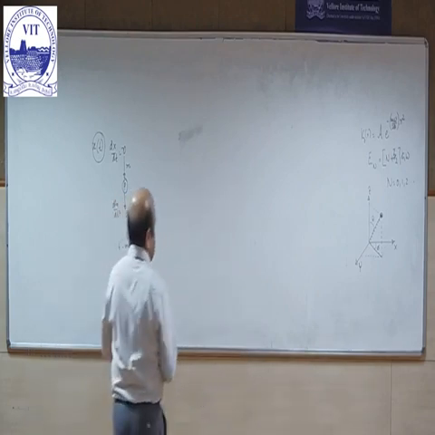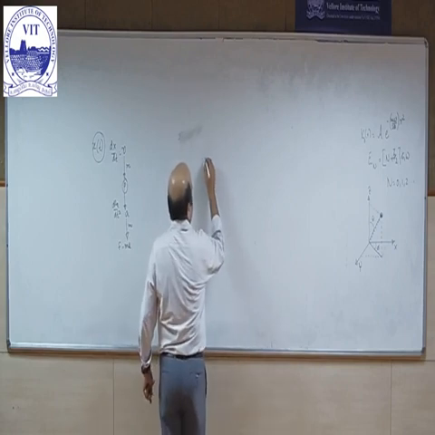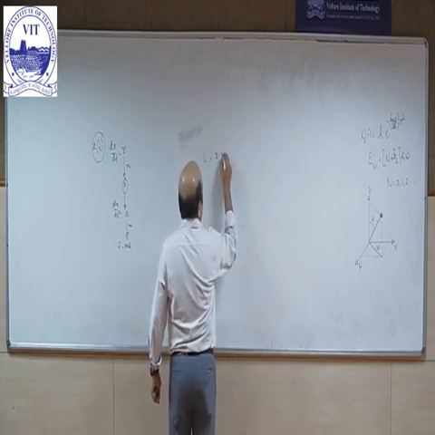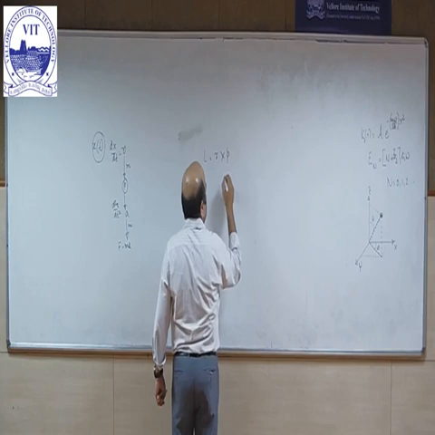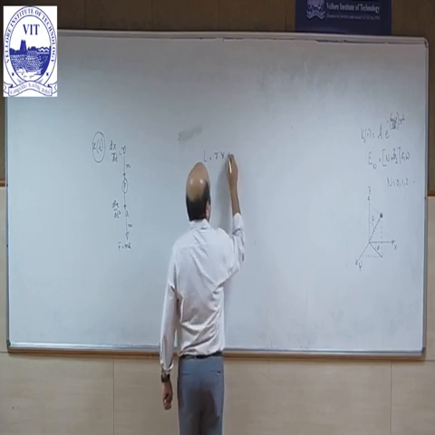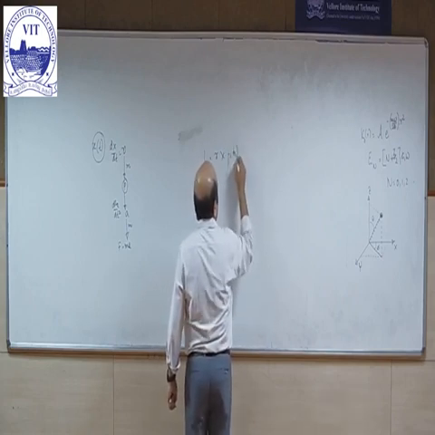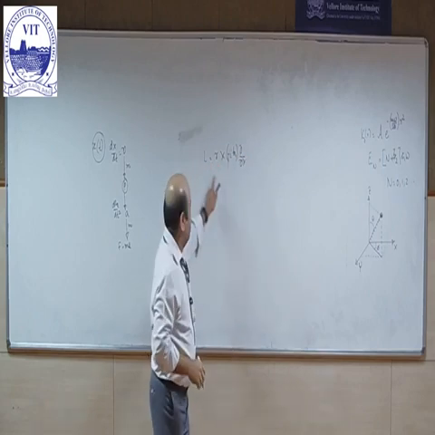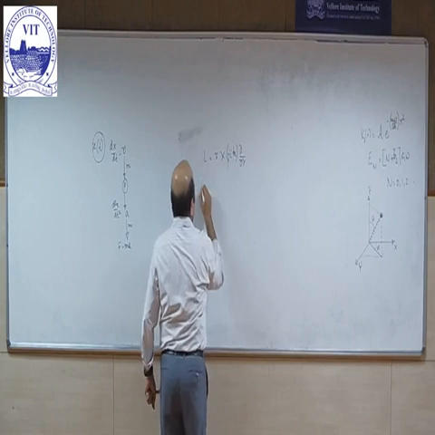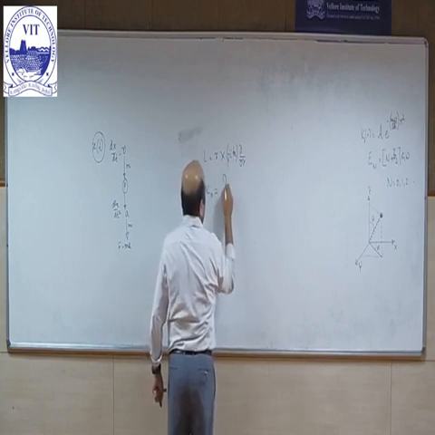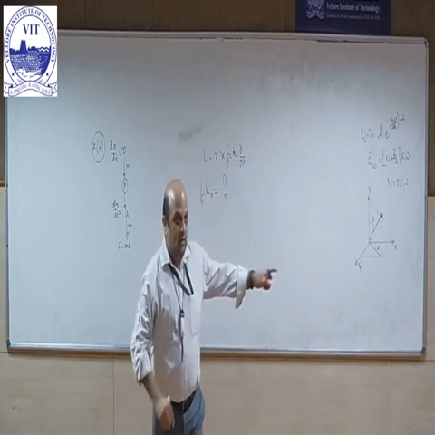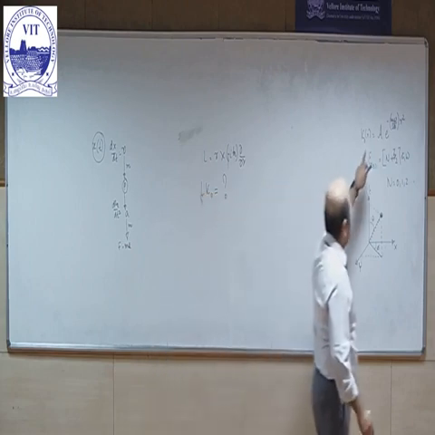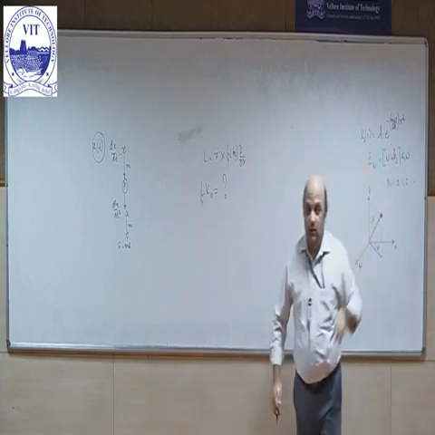What I mean is, this L is r cross p, right? So p is minus iħ del by del r. So you just find out L psi naught is what? Just use this function. Psi naught of r is given by this one.